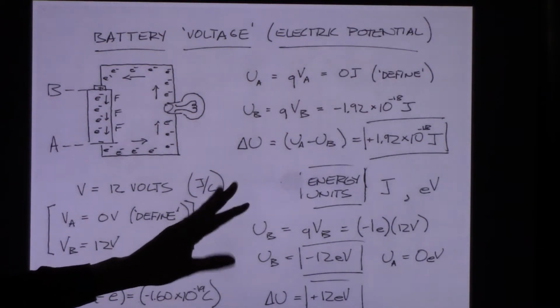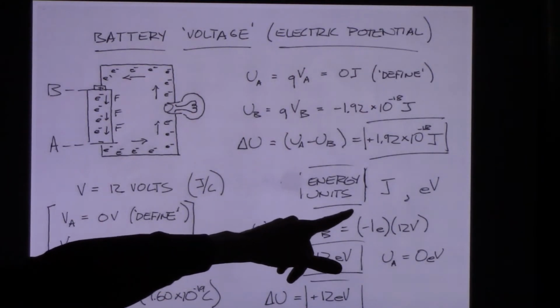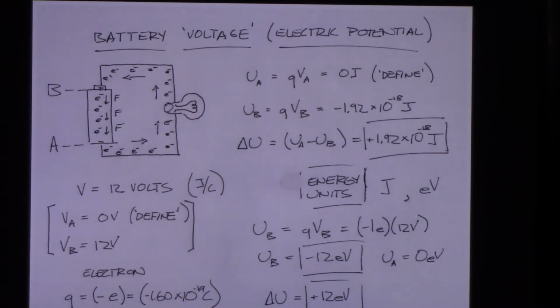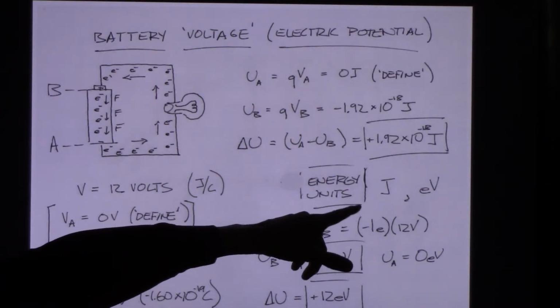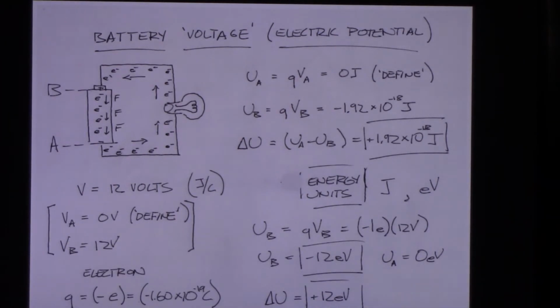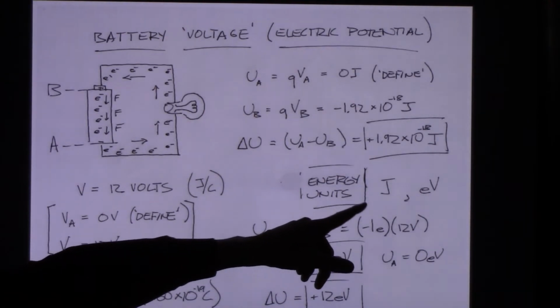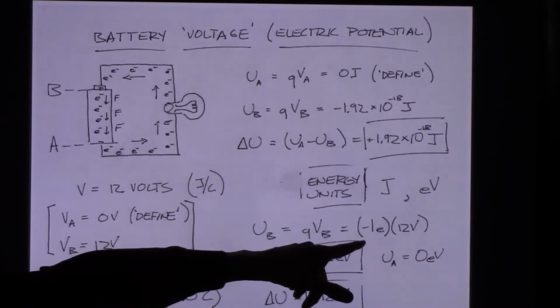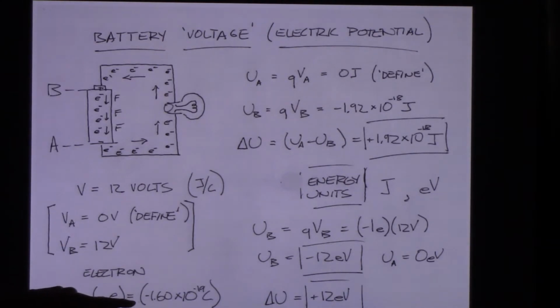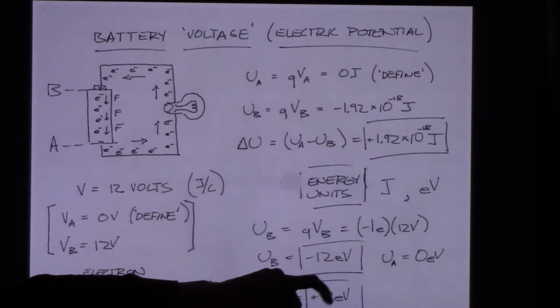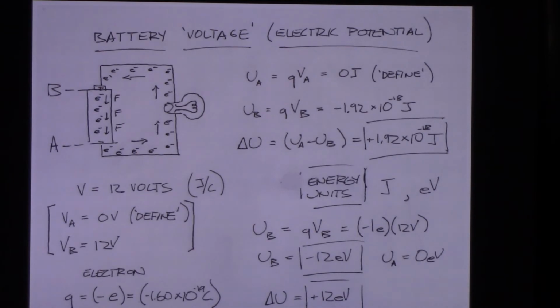Now there's a couple different energy units we can use here. We can use joules, which is what we've done up here. There are also these other units called eV, which we'll see some examples of using. If I'm using these units of eV, then instead of saying that the electron has a charge of negative 1.60 times 10 to the minus 19 coulombs, I can say that an electron has a charge of 1 e, where e is a fundamental unit of charge.